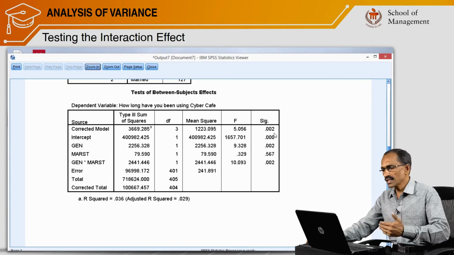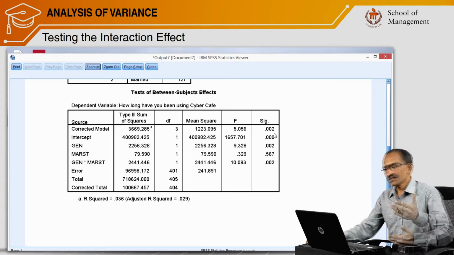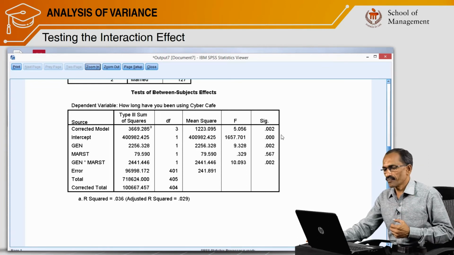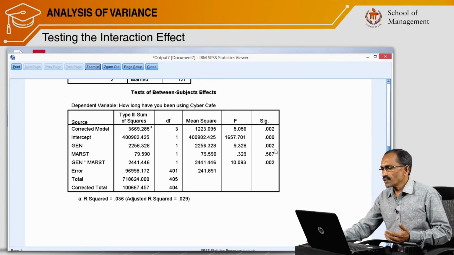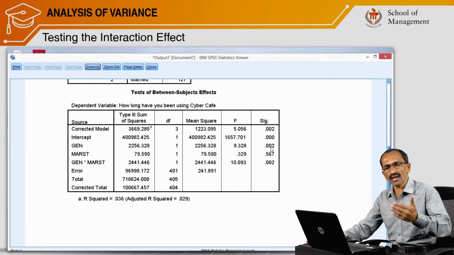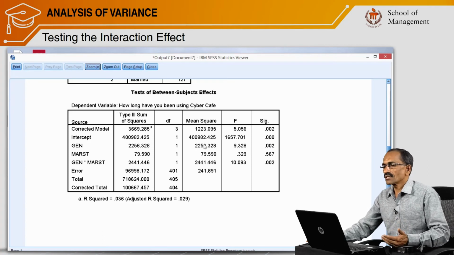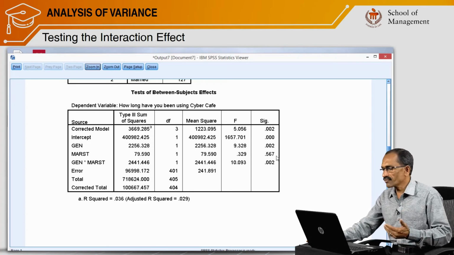When we reject the null hypothesis, what are we concluding? We are concluding there is interaction between gender and marital status in deciding the duration of visiting a cyber cafe. This is the interaction effect, and gender alone has the same significance, that is, gender is a factor that determines the duration of cyber cafe visit.